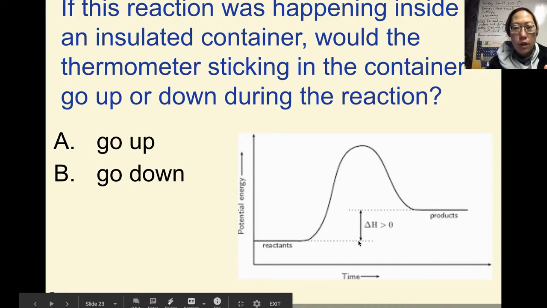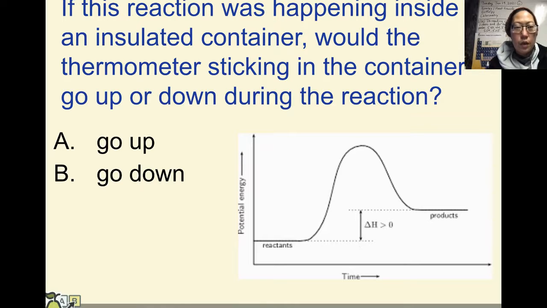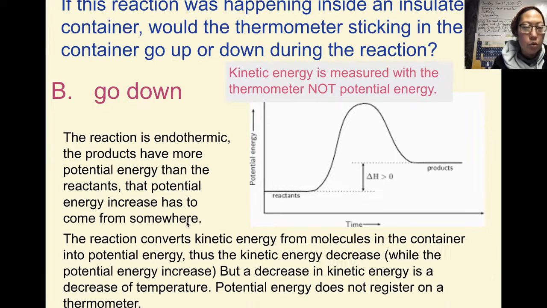Here, this is endothermic. It would feel cold to the surroundings. Your thermometer is part of the surroundings, so it would feel the cold. The reaction is absorbing energy away from the surroundings, including the thermometer. It's taking heat away from the thermometer, so the temperature goes down. It is decreasing the temperature of the thermometer.